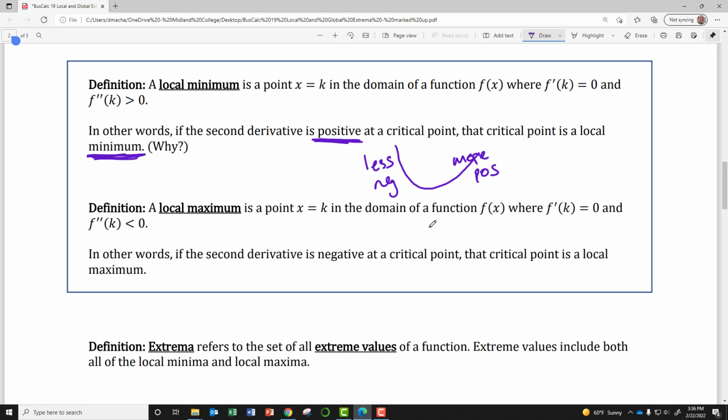And if the first derivative is increasing, that must mean that the second derivative is positive. And that's what makes a minimum. A local maximum is going to be a point in the domain of a function where the first derivative is equal to 0 and the second derivative is negative.